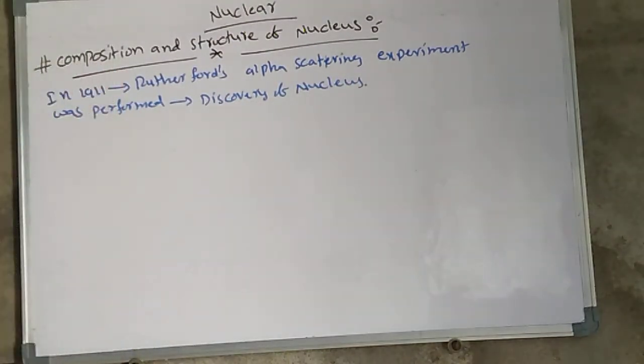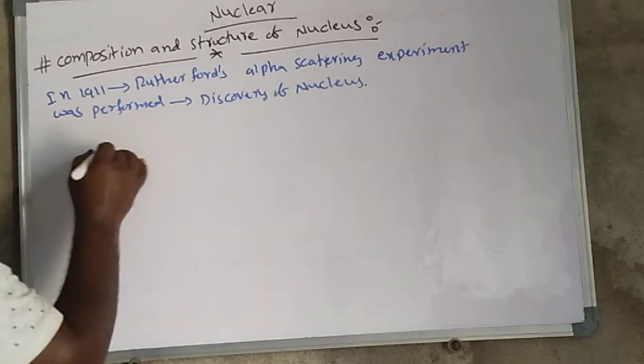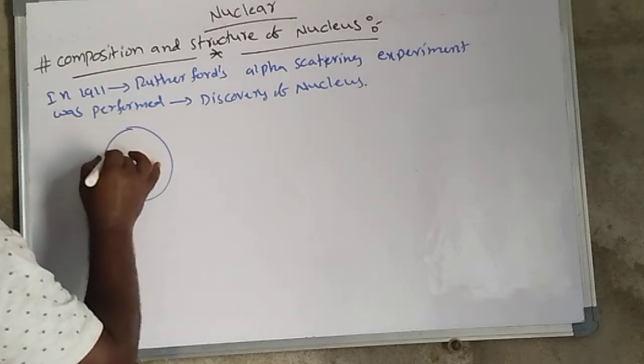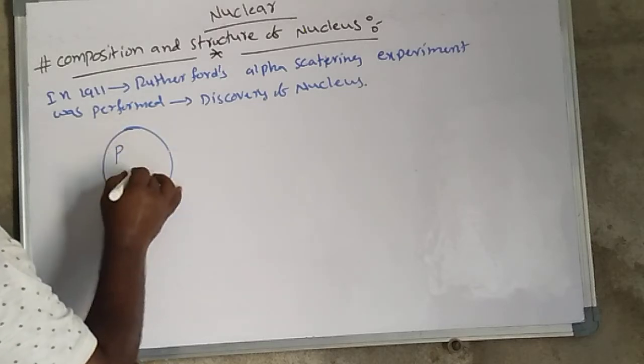So the approximate structure of the nucleus was assumed to be a combination of protons and neutrons.